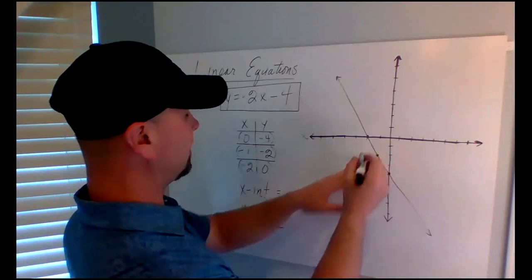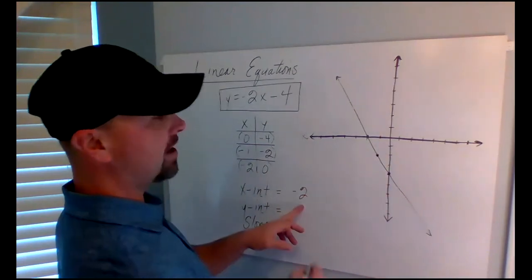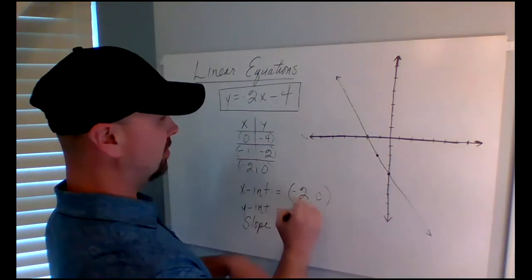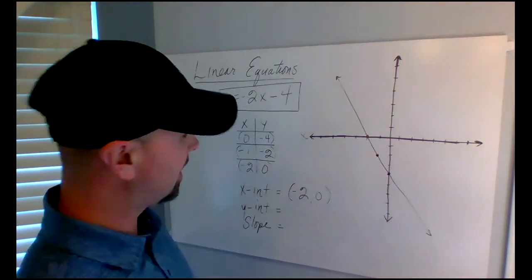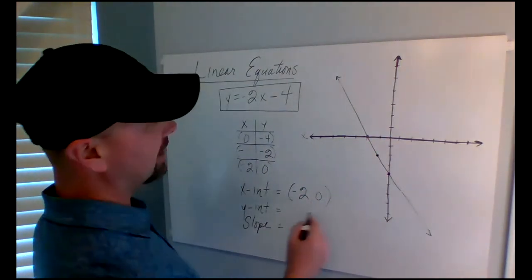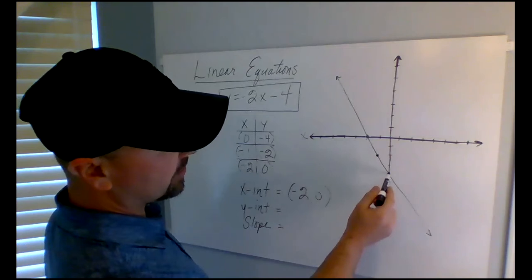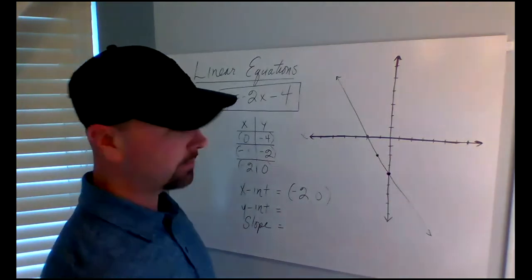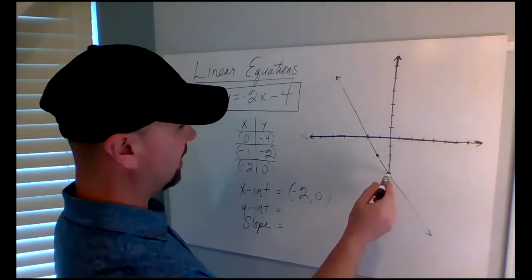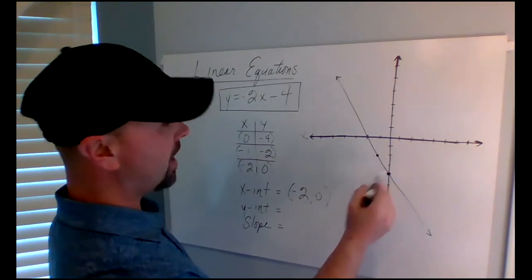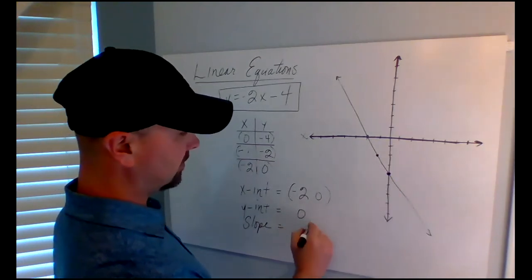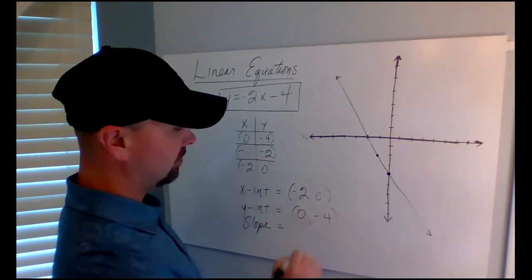This point is -2 on the x, but 0 on the y. Likewise, we want to see where the line crosses the y-axis; the y-intercept would be this point. And this point is 1, 2, 3, -4 on the y. So 0 on the x and -4 on the y.